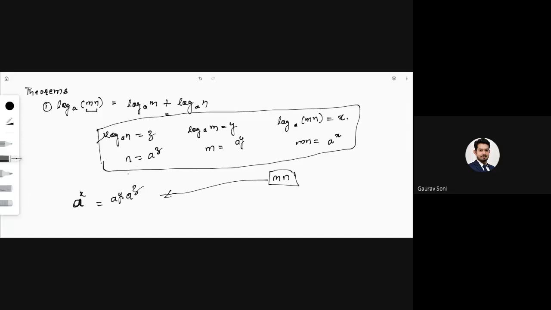So this is nothing but a raised to x is equal to a raised to y plus z, right? Which means that x is equal to y plus z. Let's put the values of x, y, and z. x is log to the base a of m into n, y is log to the base a of m, plus z is log to the base a of n.